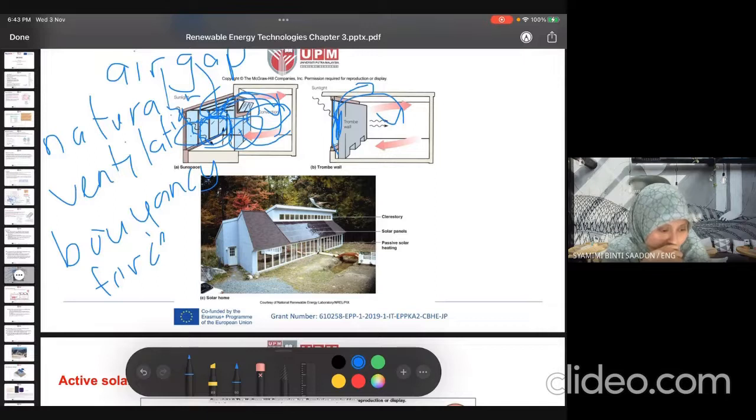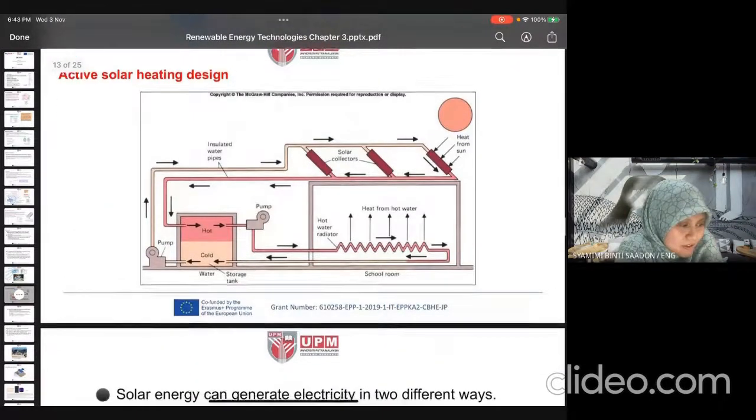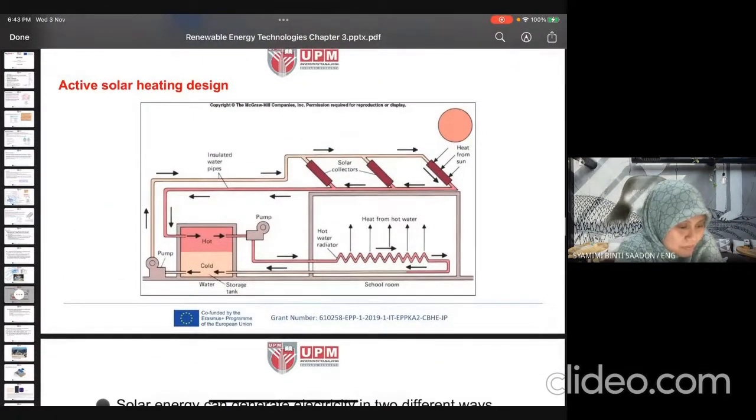Then solar home, an example of solar panels on top of the roof. This is quite common, even in Malaysia sometimes we have this. Okay, example of active solar heating design.